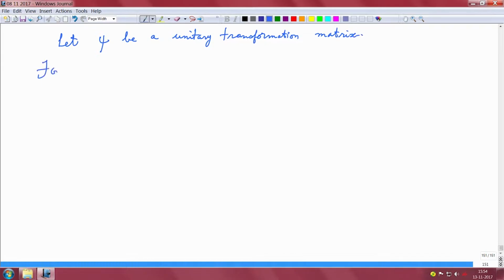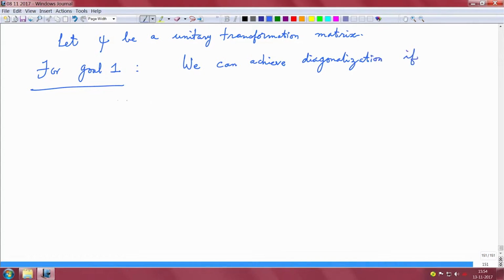For goal 1, we can achieve diagonalization if y minus mu y is linearly related to x minus mu x.